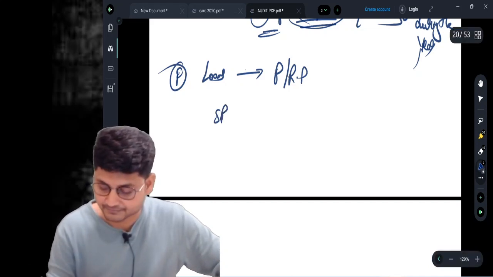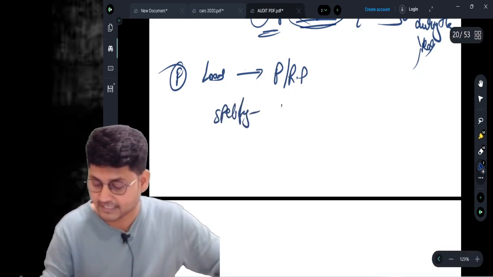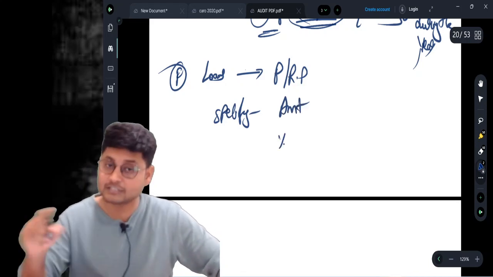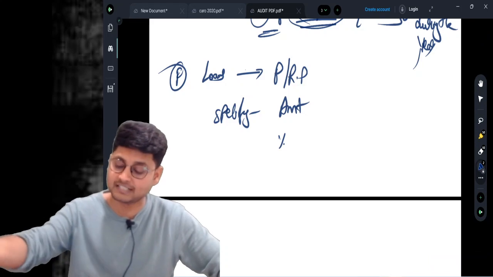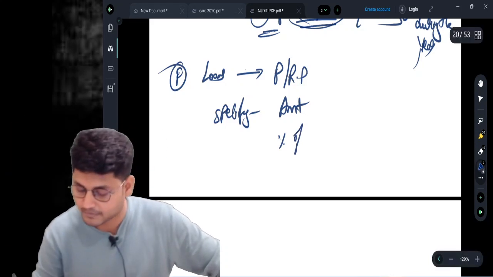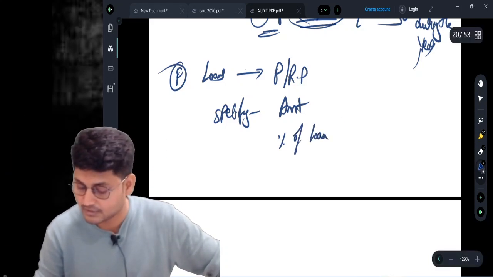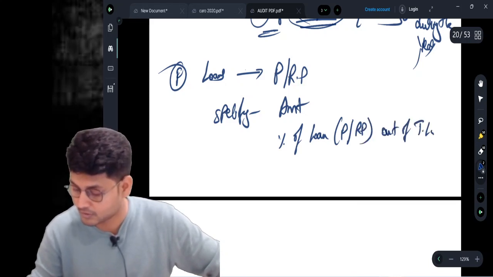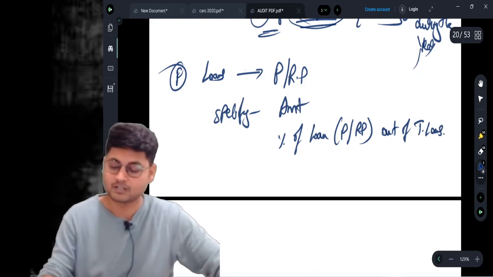Then specify the amount of loan which is given, and also the percentage of the loan which is given to promoters or related parties out of total loans.